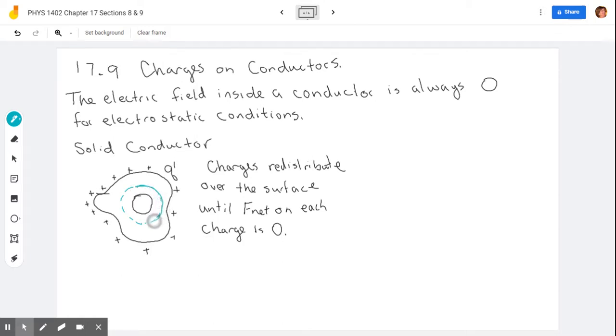So there it is. Now, what do I know about this Gaussian surface? I know that the enclosed net charge is 0 at a Gaussian surface.